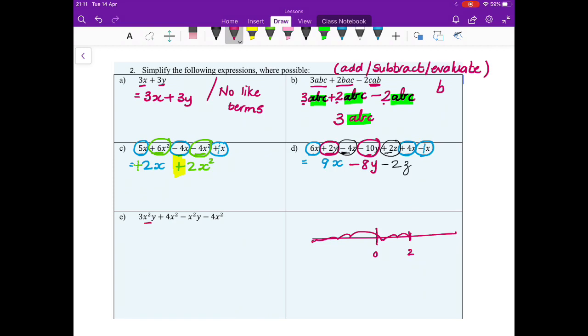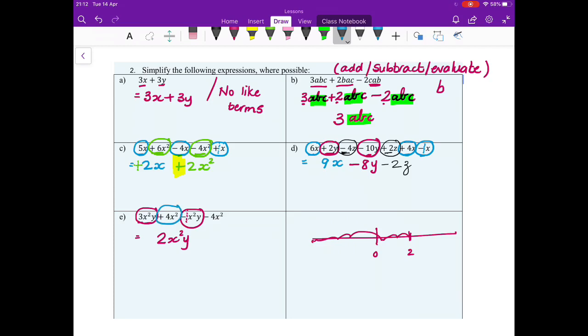Let's look at the next one. I've got an x squared y. Okay, so there's an x squared y. There's an x squared y. So I write down the surname, x squared y. And I'm going to say 3 minus 1 is 2x squared y.